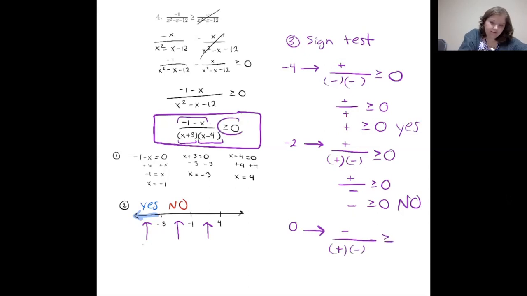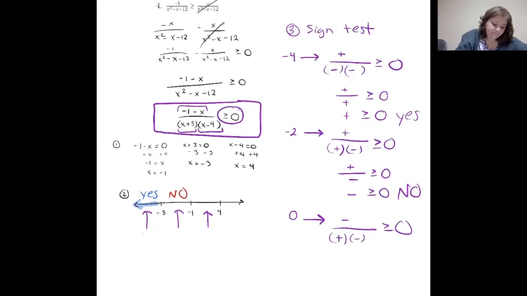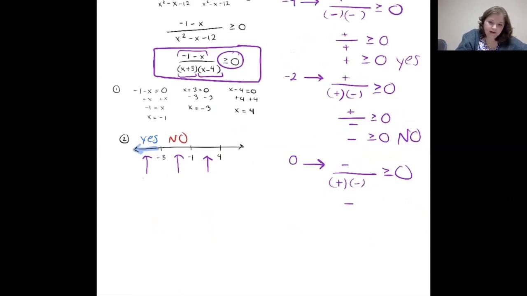And we ask, is it greater than or equal to 0? So negative on top, negative on bottom. Negative divided by negative is a positive, which is greater than or equal to 0. Yes. So yes for this interval. We will shade it and then go on to test the next one.